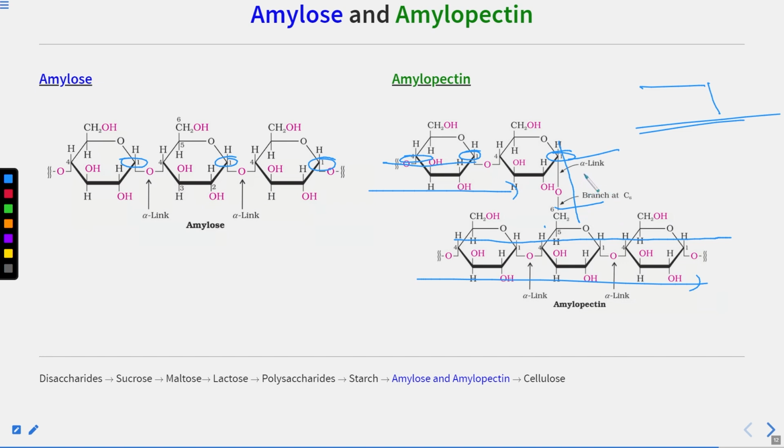But the C6 involved here has a beta linkage, so it is a C1-C6 alpha-beta linkage. The linear chain has the same kind of linkage as amylose, C1-C4 alpha linkage. So this was the structure of amylose and amylopectin, and they both make up starch.